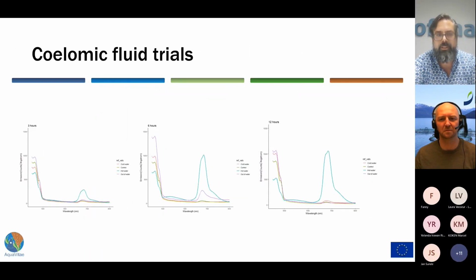So the coelomic fluid trials that we did yesterday evening were with those three different groups, and as you can see, under 3 hours, the hot water animals had quite a large spike at around 680 nanometers, followed by the out of water animals as well, but not in as significant a manner.